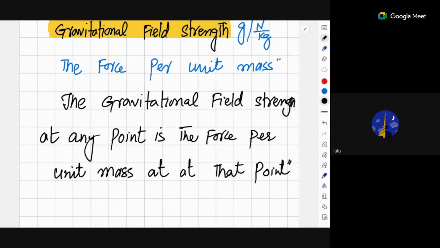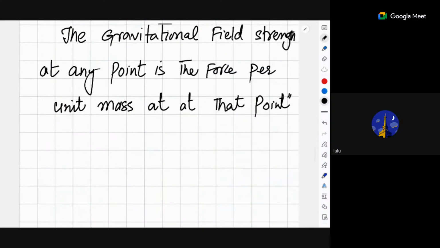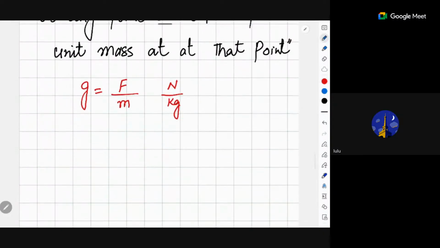Now I have its defining equation, and that is basically simple. The gravitational field strength, represented by g, equals force per unit mass. That is why its unit is newton per kg. But what force do we have? We have the gravitational force.